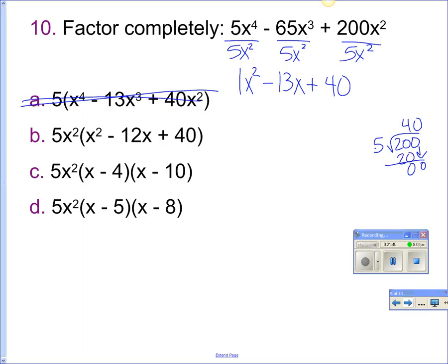How many parts does this have? 3. So you got to do your trinomial. It ends in a plus. What does that mean? They're both going to be negatives. And what are some things I multiply to give me 40? 20 and 2. Does that give me 13? No. What else gives me 40? 5 and 8. Does 5 and 8 add to give me 13? Yep.